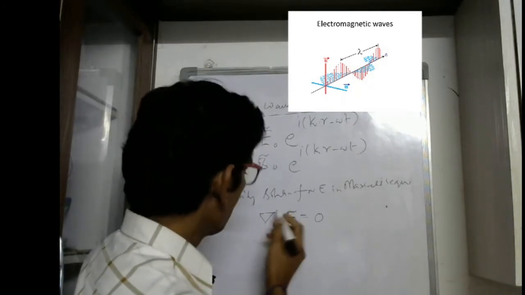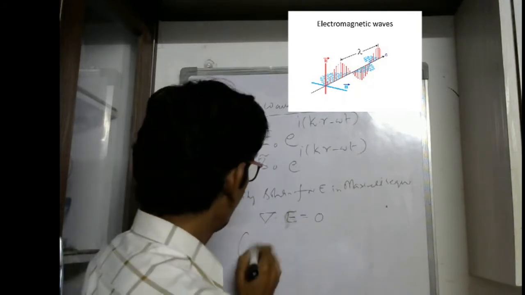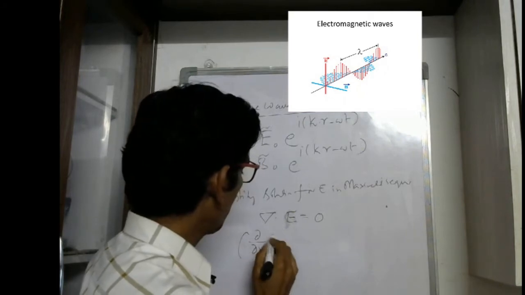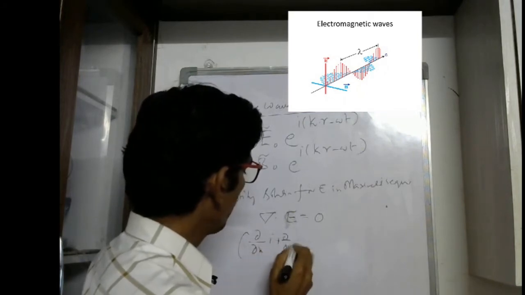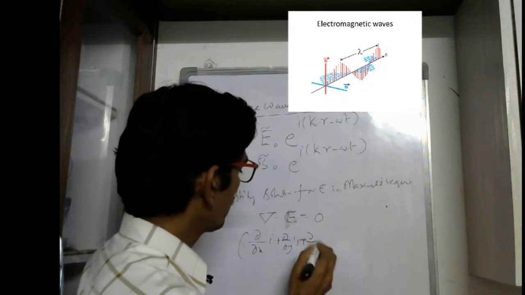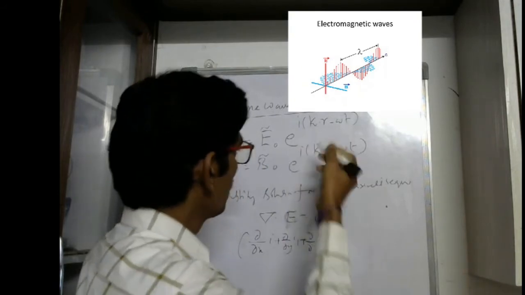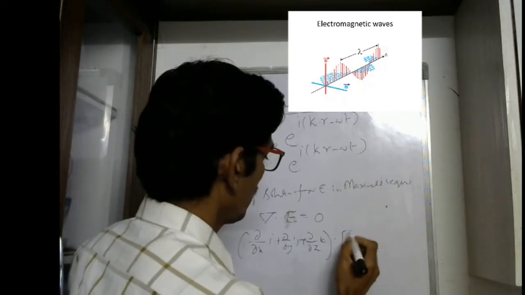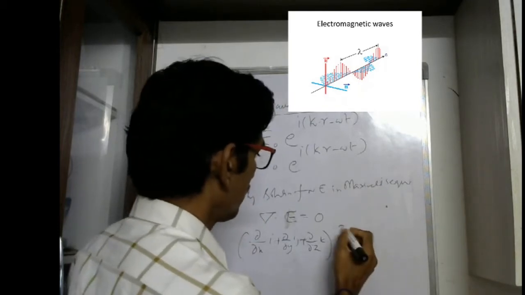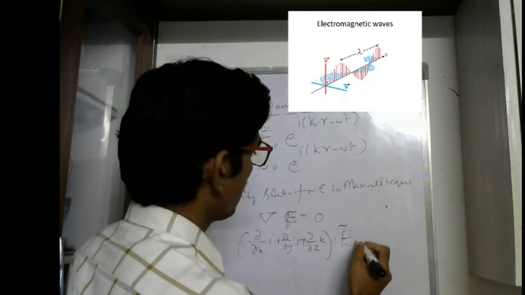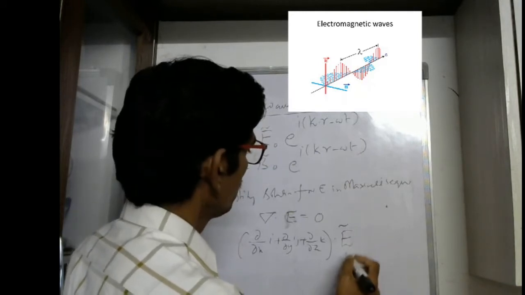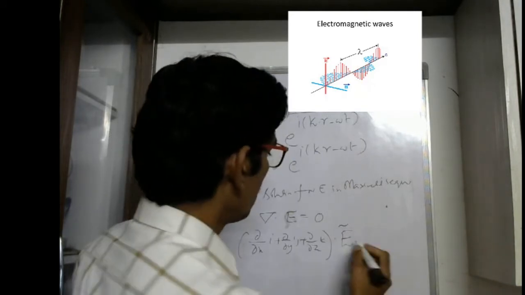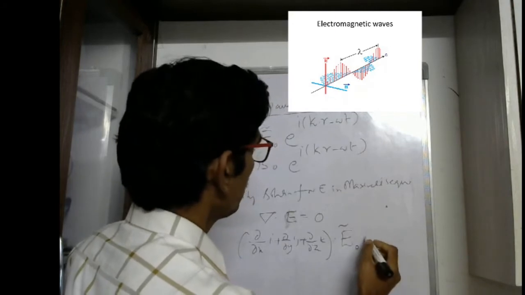Now, you know del is del by del x of i plus del by del y of j plus del by del z of k, dot this thing, E star here.